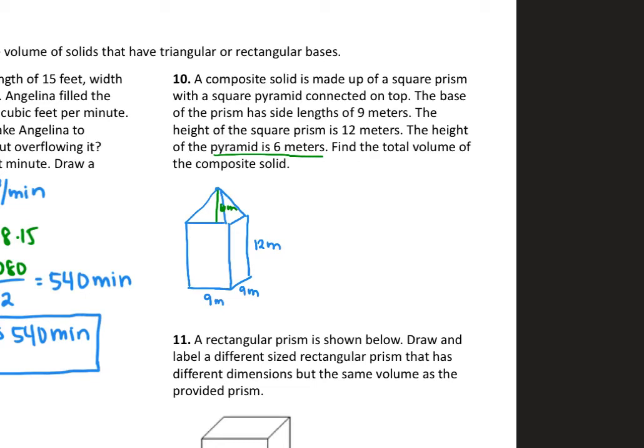So I'll start with the volume of the prism. Since it's a rectangular prism, we're just going to do 9 times 9 times 12. So 9 times 9 times 12 is 972.